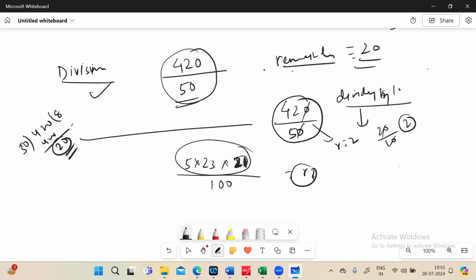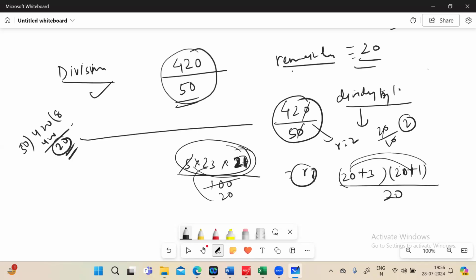Second way: if we reduce 5 and 100 by 5, now with the help of 20 we can find the remainder. The above term is 20 plus 3 into 20 plus 1, divided by 20. All the multiple terms will have 20 in them.